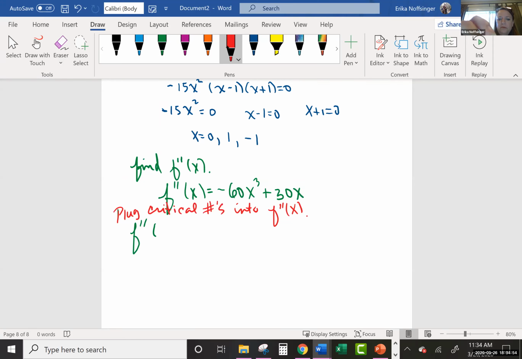And so if we plug in 0 into the second derivative, well, that gives me negative 60 times 0 cubed plus 30 times 0. So doing that, this is equal to 0.